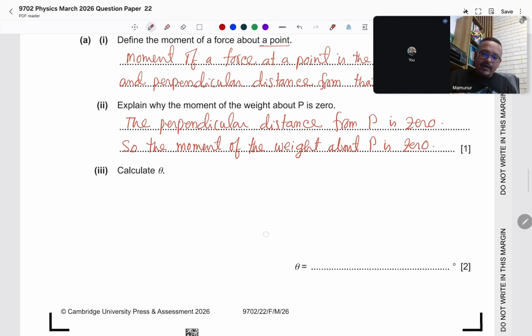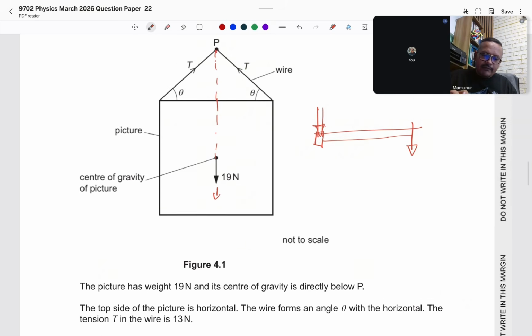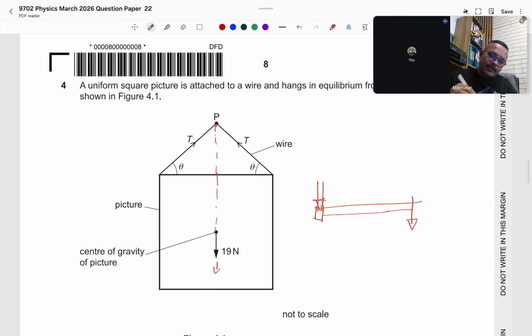Calculate theta. Okay, 19 Newton is acting downward, and here the vertical component of T is acting upward. They are balancing each other.